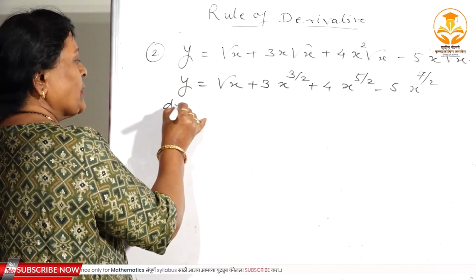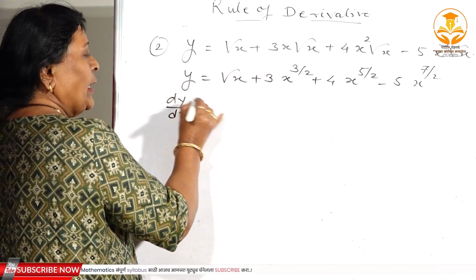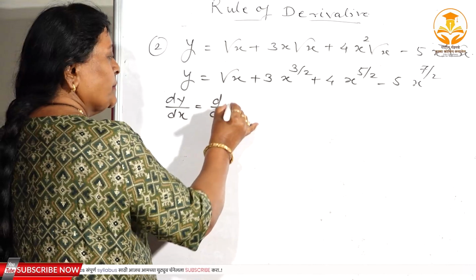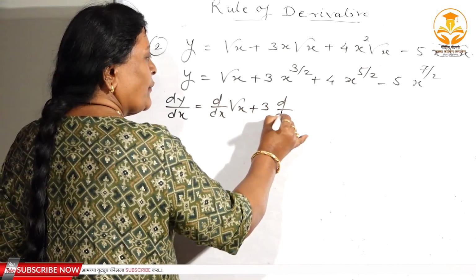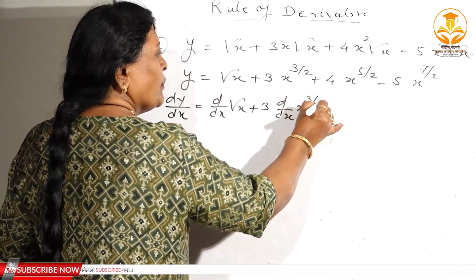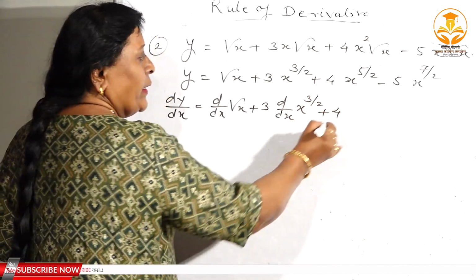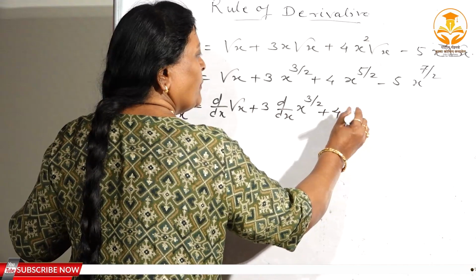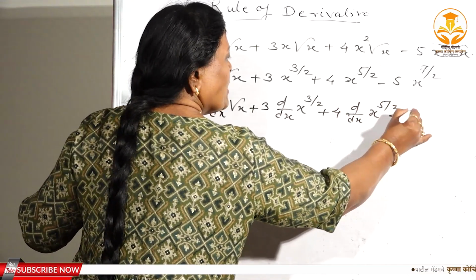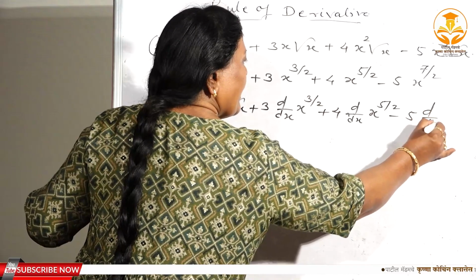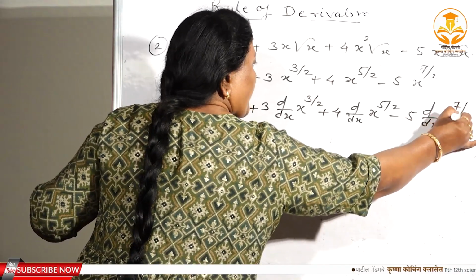Now dy by dx: d/dx of root x, 3 remains as it is, d/dx of x to the power 3/2, 4 remains as it is, d/dx of x to the power 5/2, minus 5 remains as it is, d/dx of x to the power 7/2.